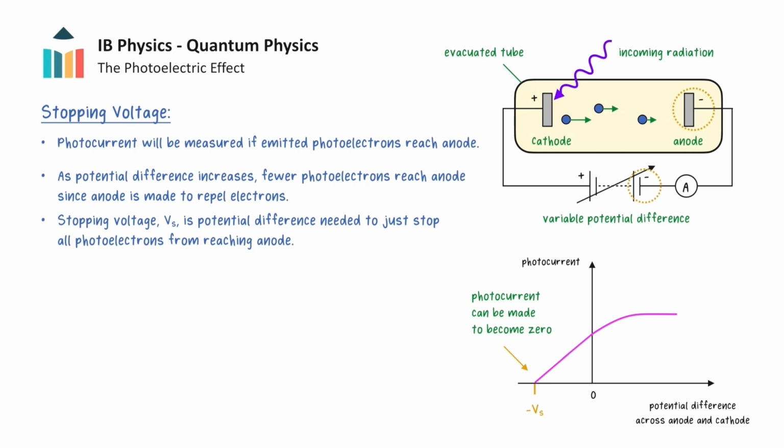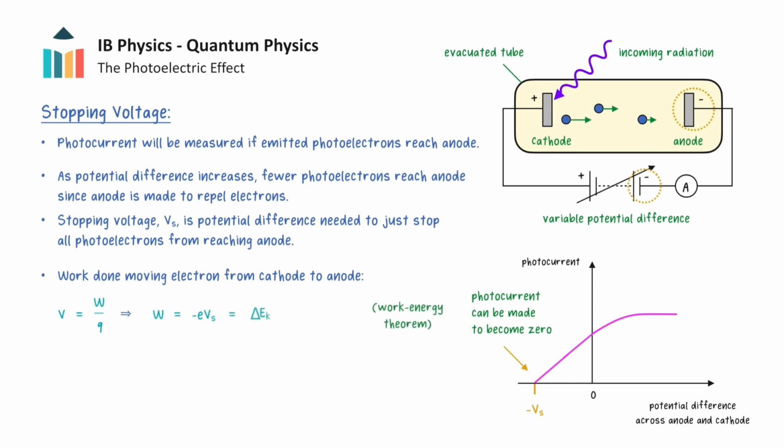By definition, the potential difference between 2 points is equal to the work done per coulomb of charge. So the work done in moving an electron from the cathode to the anode will be negative eV sub s, since electrons are being repelled and slowed down. Using the work energy theorem, the work done on an electron is equal to the change in the electron's kinetic energy, where the most energetic electron leaves the cathode with maximum kinetic energy and has zero kinetic energy at the anode.